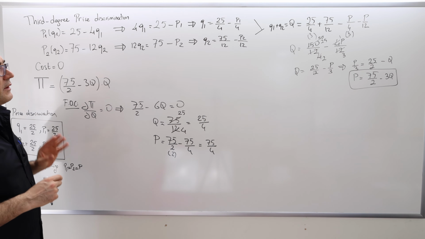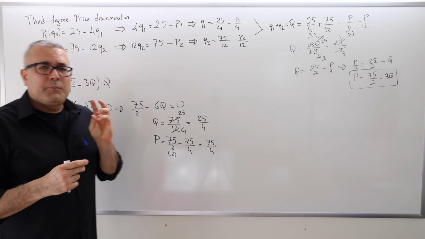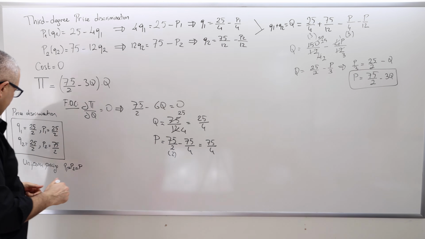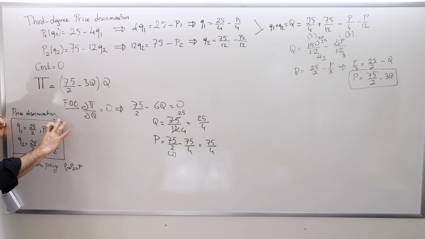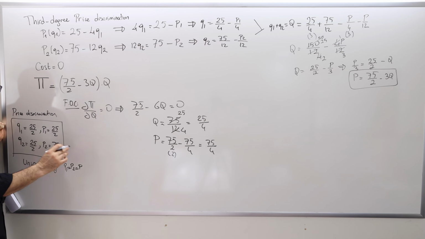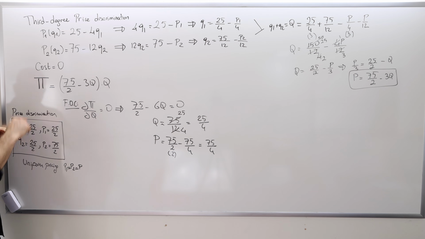Okay, so we found part A and part B, so let's summarize. If the monopolist is allowed to price discriminate, the first group and the second group will get exactly the same quantities. The first group's price will be 25 divided by 2, and the second group's price will be 3 times more than this.